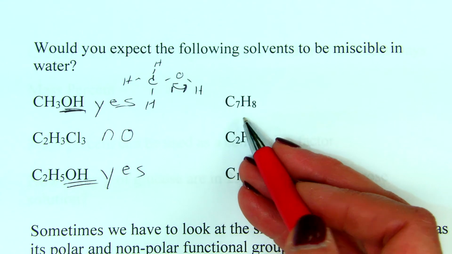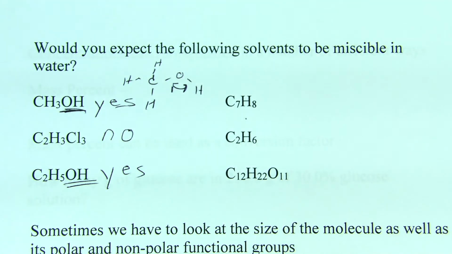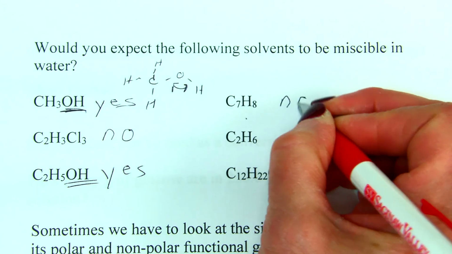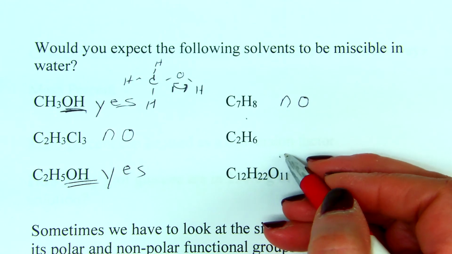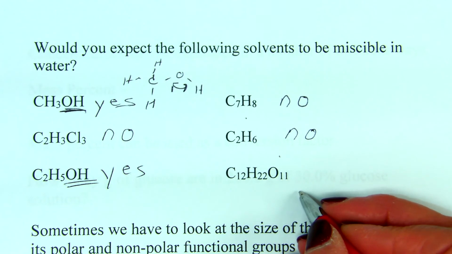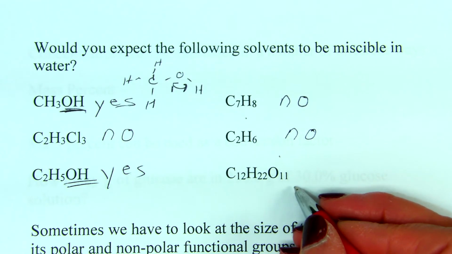Nonpolar because it's a hydrocarbon. So even if you don't recognize exactly its structure because it'll have multiple double bonds to only have 8 protons, it is a nonpolar hydrocarbon, so no. How about the next one? Here's ethane. No.